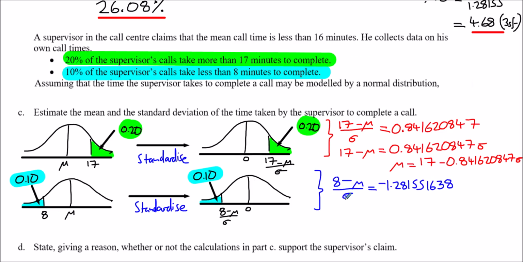Again, multiply through by sigma, gives us 8 minus mu equals minus 1.281551638 sigma. Therefore mu equals 8 plus 1.281551638 sigma. So both are in terms of mu.